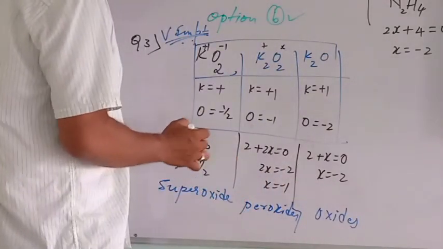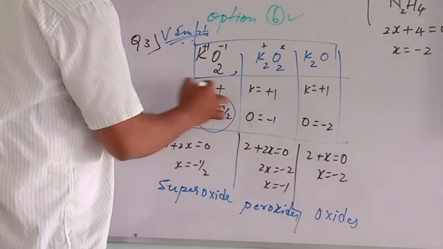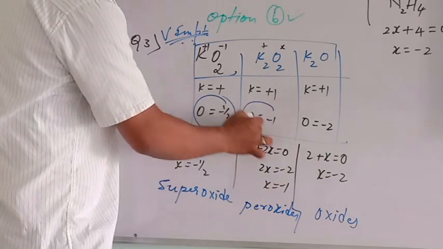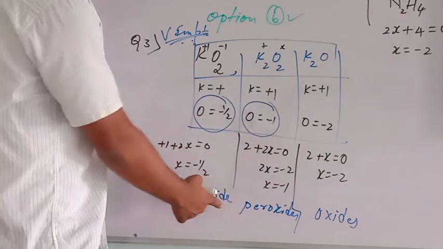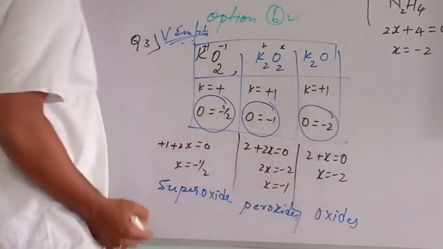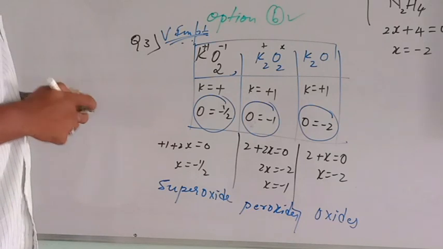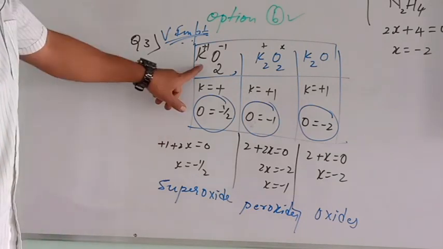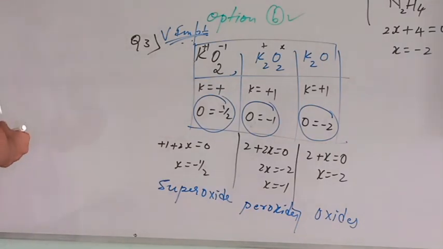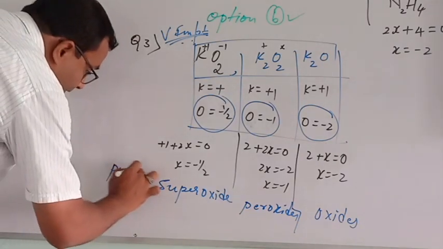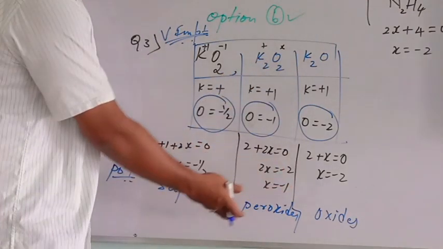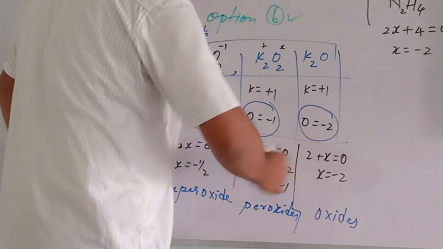Don't get confused. If the charge of oxygen is minus half, then it is called superoxide. If the charge of oxygen is -1, then it is called peroxide. If the charge of oxygen is -2, then it is called oxide. So this is potassium superoxide, potassium peroxide, and simply potassium oxide.